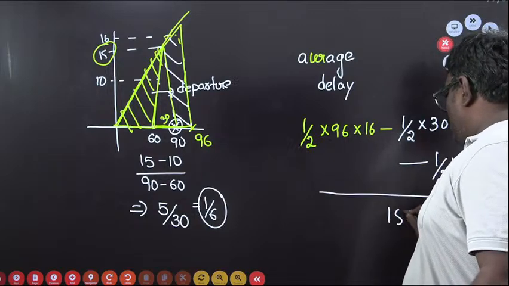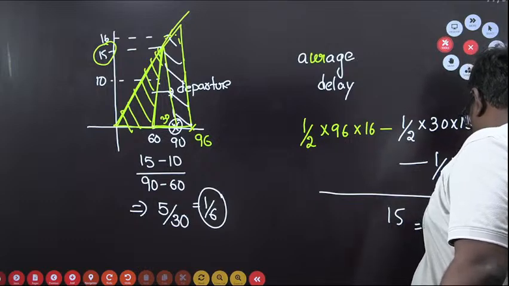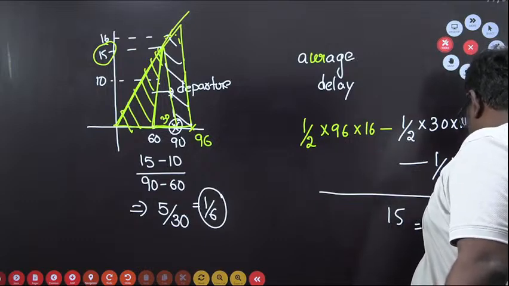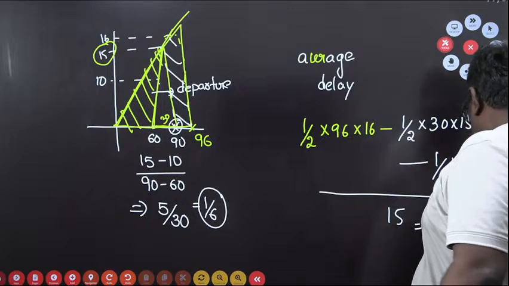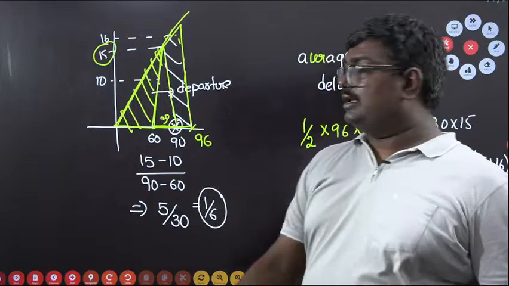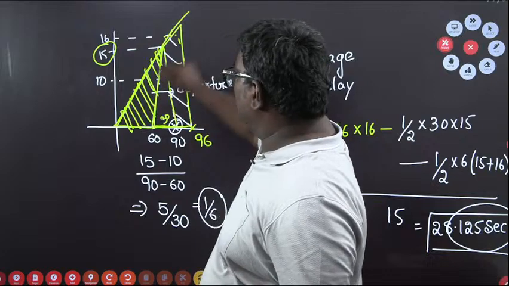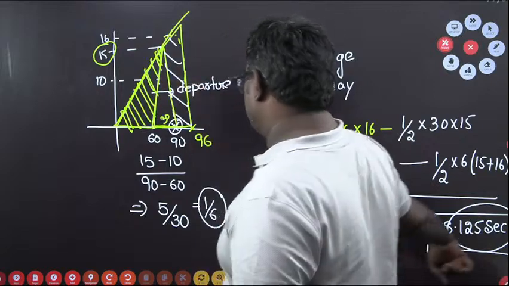You will get an average delay per vehicle of 28.125 seconds. How do you calculate it, sir? The area of this shaded region: you calculate the total area minus this area, and you will get this.